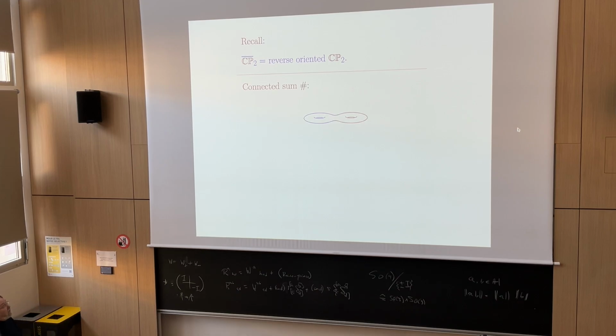That's connected sum. You can do this for oriented manifolds in any dimension. It's a way of building up new oriented manifolds out of given oriented manifolds. And it's called connected sum because it produces a new manifold which is also connected.